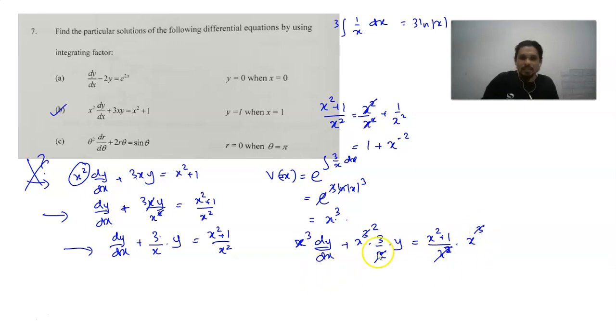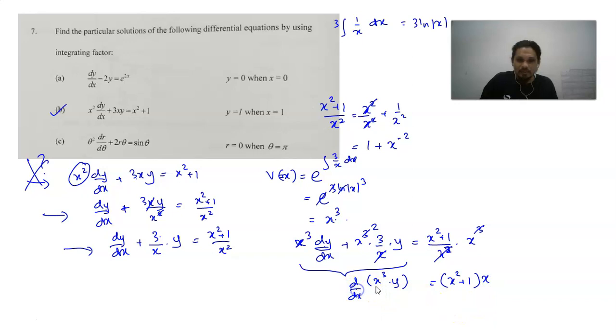As I mentioned before, the expansion of this is the derivative of V, which is x cubed multiplied with y, equal to (x squared plus 1) times x.